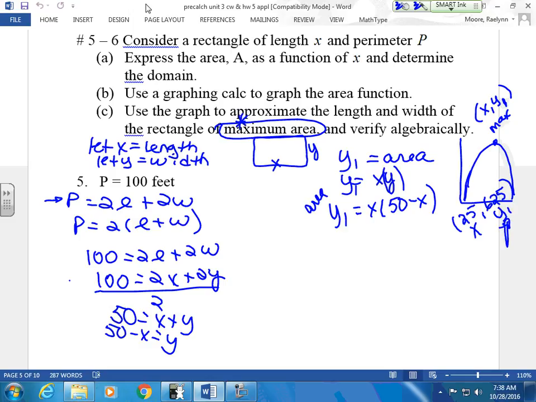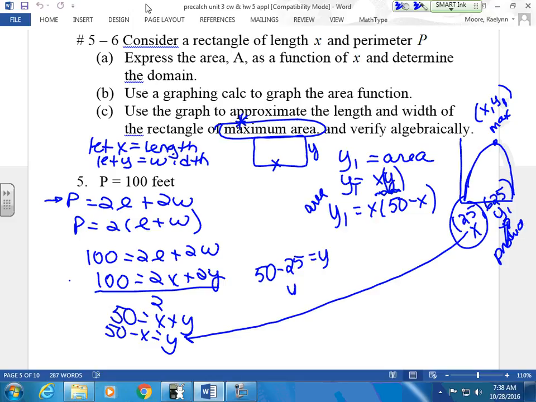What does my y1 represent again? My product. So now, to find that x, I have to bring this x in here to the simplest space, and y is also equal to 25. So I have an x of 25, and I have a y of 25.